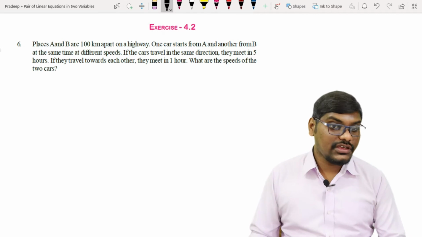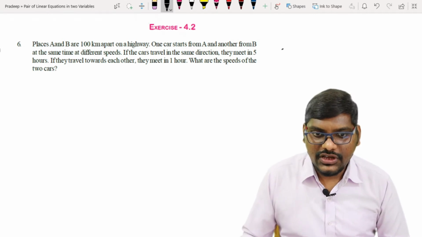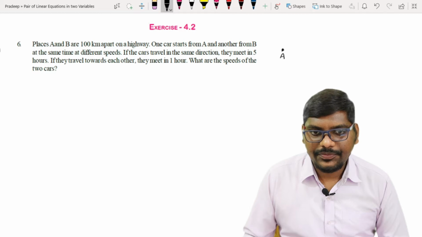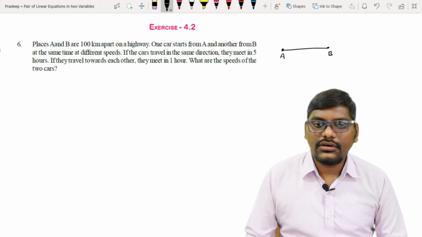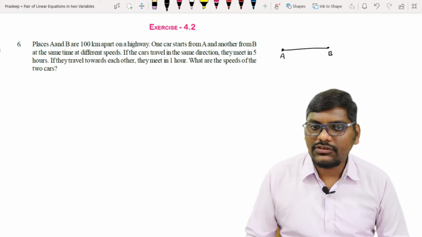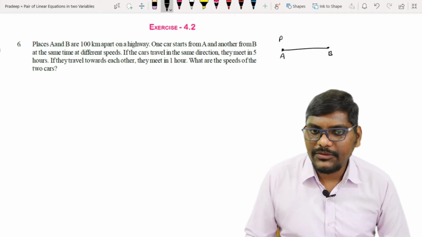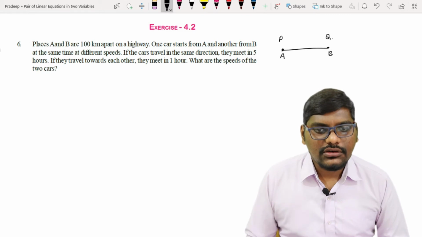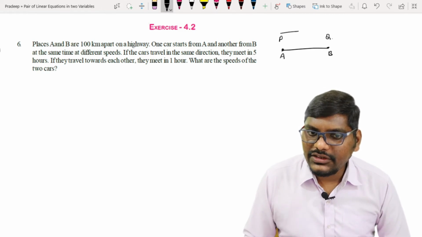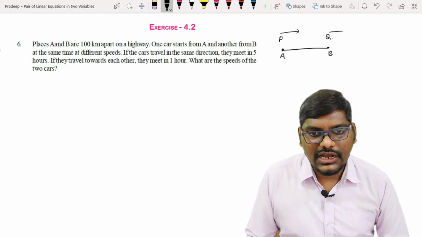So the question here is saying that suppose there is a car at point A, and one more car at point B. From point A, let's say the car is P, and at point B, let's say that car is Q. Now the P car is traveling this side, and the Q car is also traveling this side.